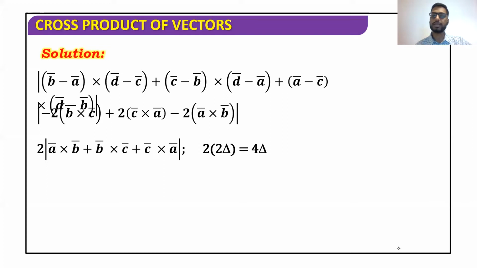Whatever final answer you're getting, link that with a formula. In this case, we got 2 times A cross B, B cross C, and C cross A. We already knew that A cross B plus B cross C plus C cross A is 2 times area of triangle. So my final answer is 4 times area of triangle.